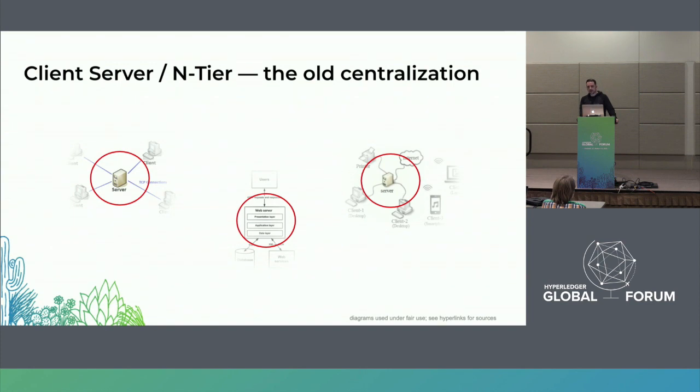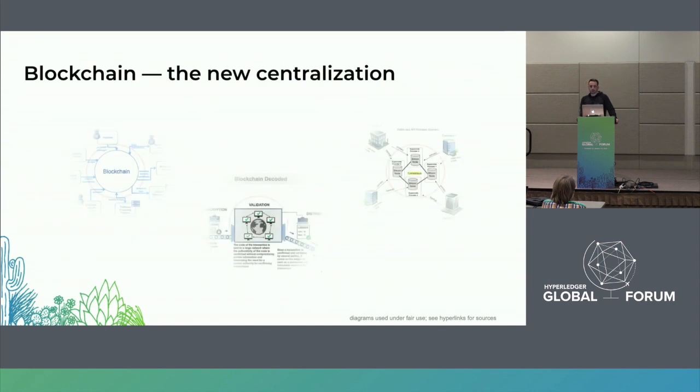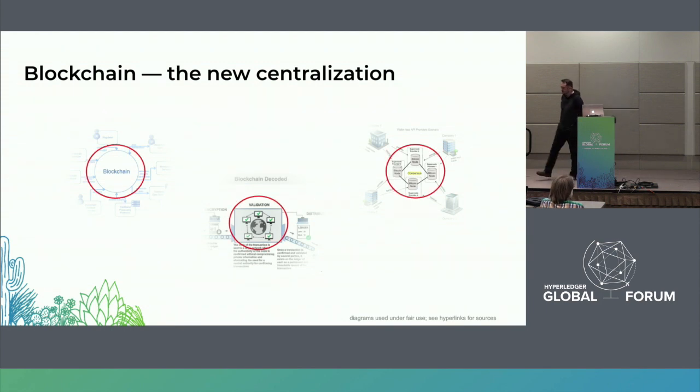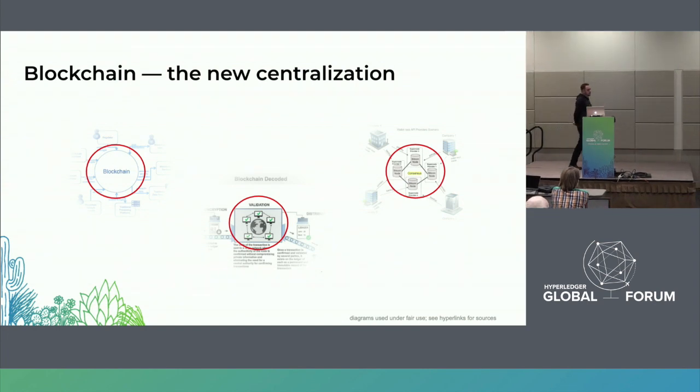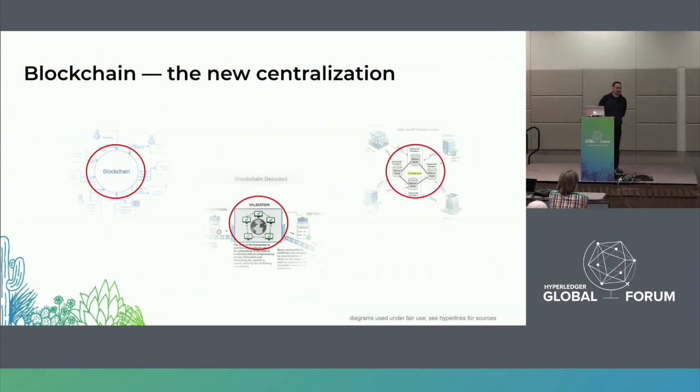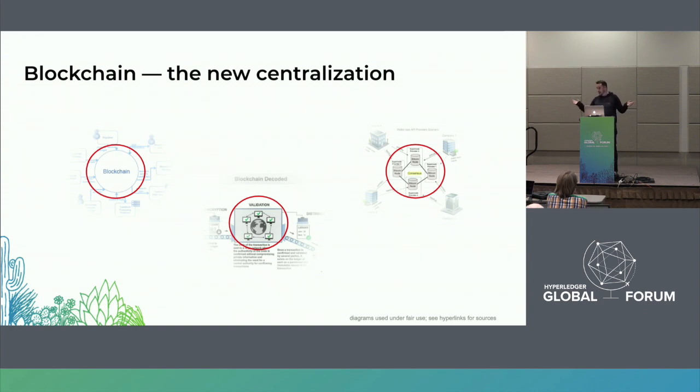So what's interesting is I did a similar search for blockchain. What do you notice? Blockchain has that same characteristic, the magical thing in the center that'll do all the stuff for you. And that's not necessarily bad.